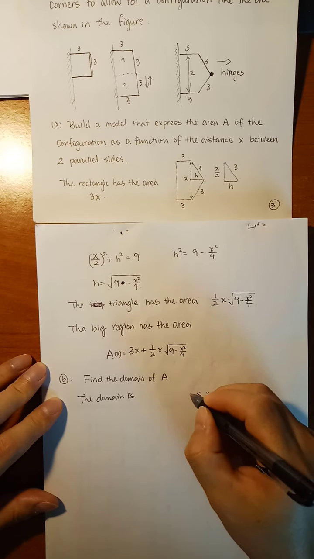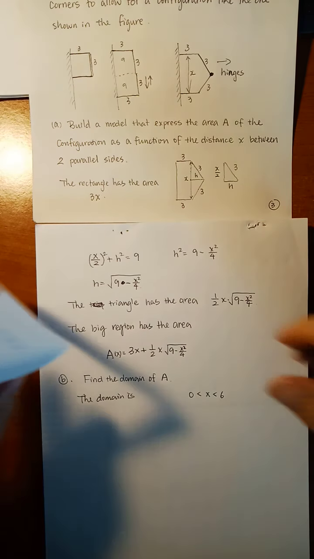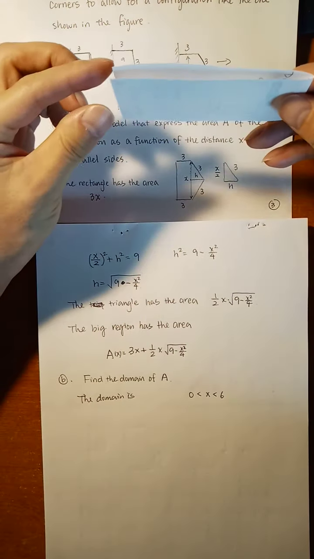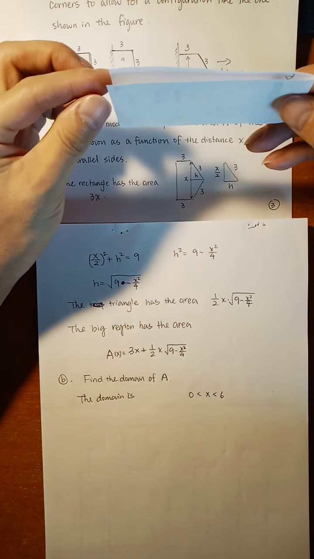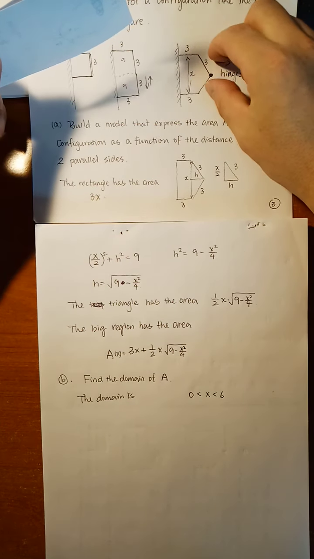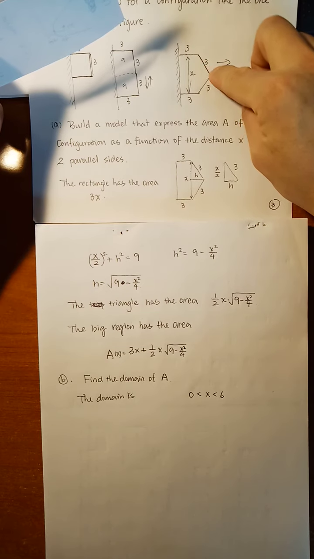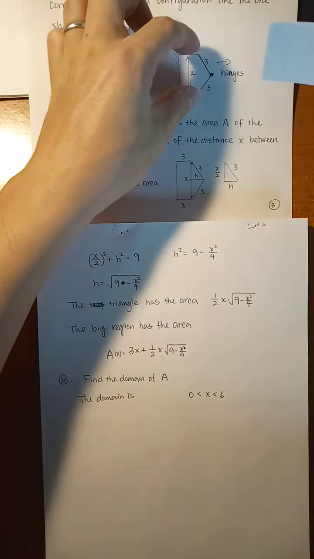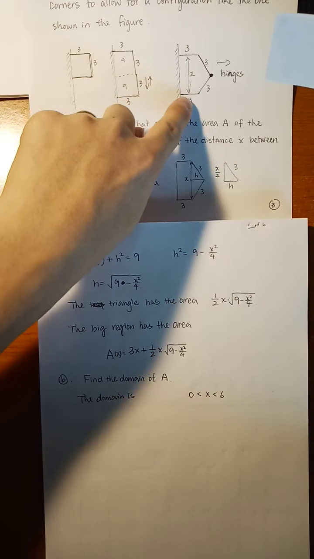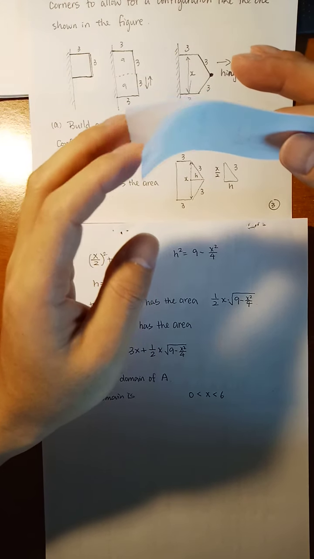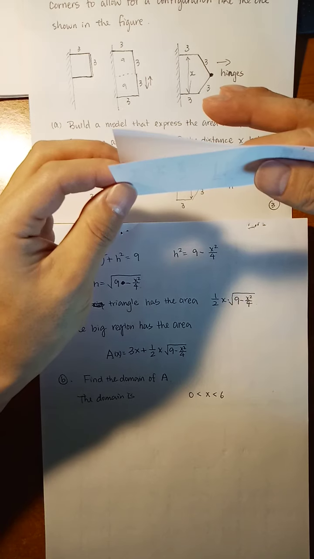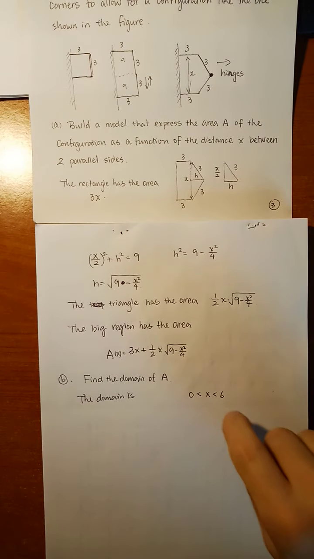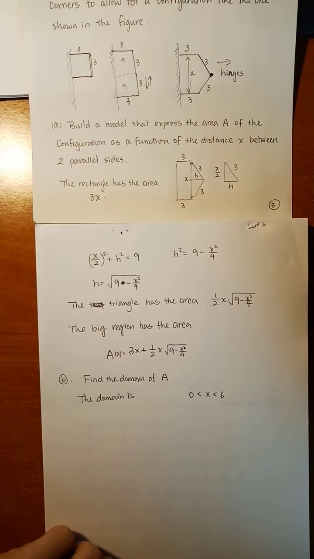The smallest possible value will be 0. When you pull it further, these two moving sides coincide, the two vertices coincide, and the distance becomes 0. Okay? So that's the domain.